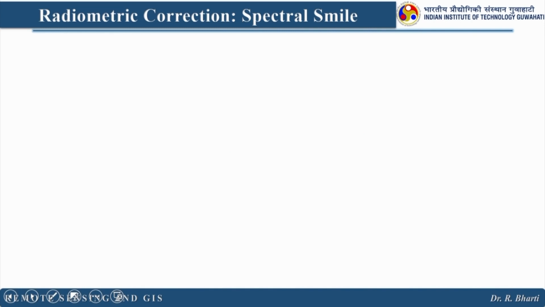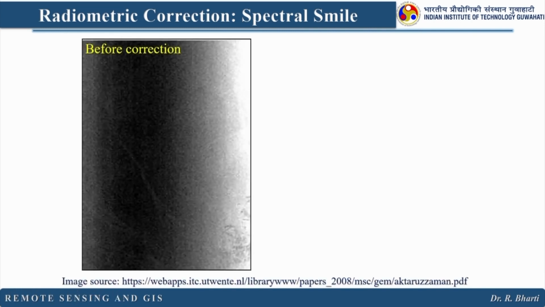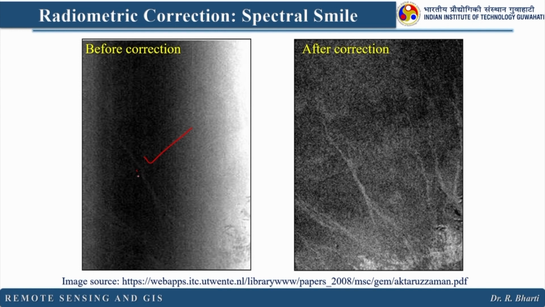So, like this we are calibrating the wavelengths. Before correction this was not having any information, but after correction we are having this. So, here if you plot, this will be something like this, which was supposed to be like this, right. So, this is one example, and this is taken from this particular thesis, you can also go through it.